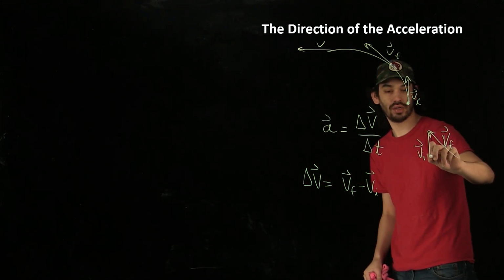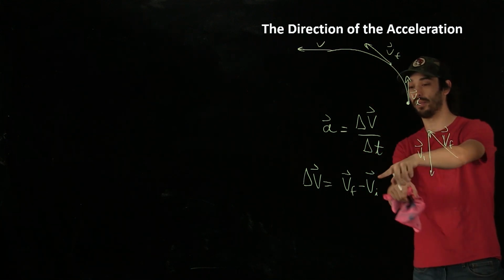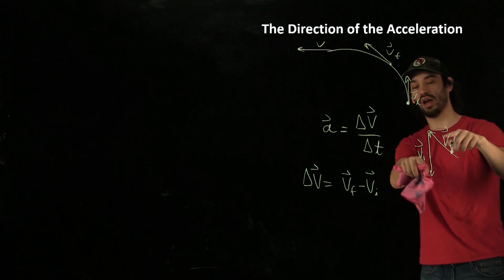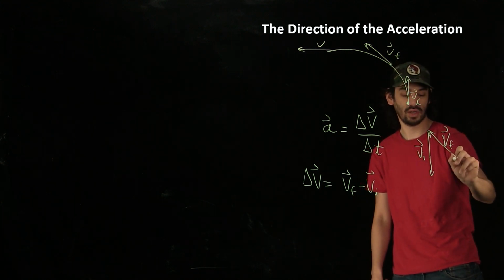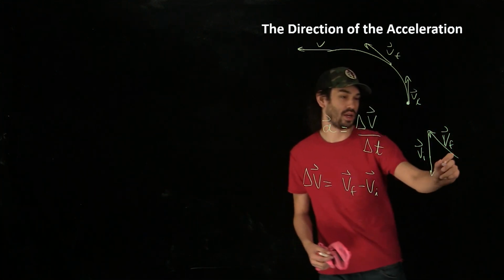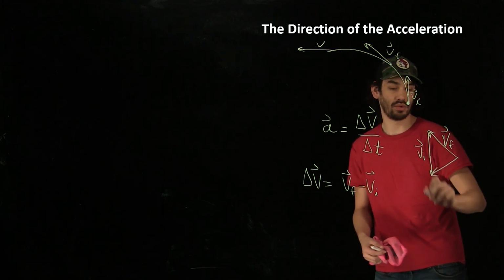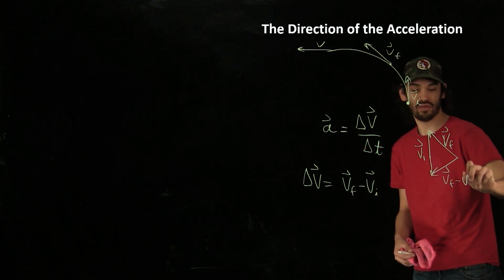This vector is going to point down a little bit more like that. And so the sum of this vf vector and this minus vi vector is going to be some resultant vector that's going to be pointing like this. Right? And so this is the vector vf minus vi.